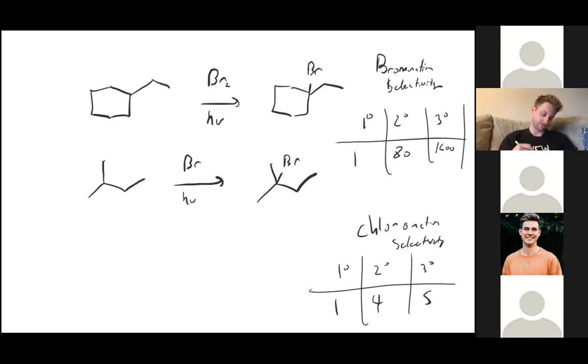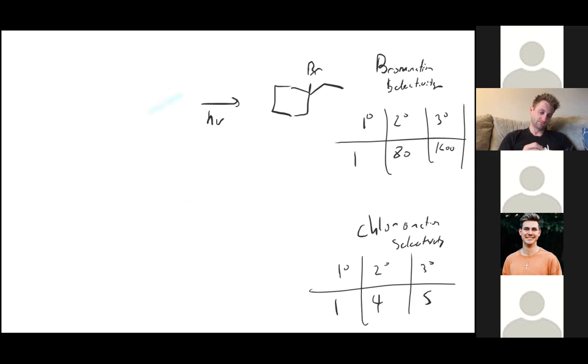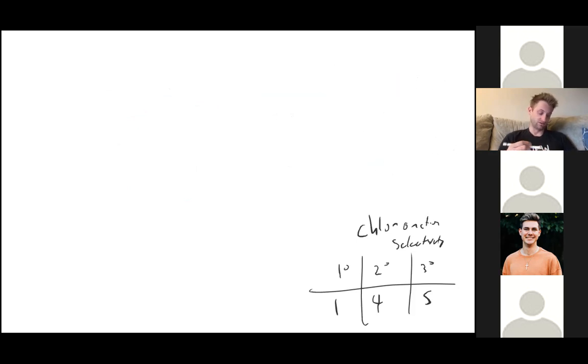So I'm going to erase the top part of this with these Brs here and go through a couple problems where we're picking out chlorine selectivity. And as a note, the chlorine selectivity is per hydrogen. Let's just take this first example and break it down.